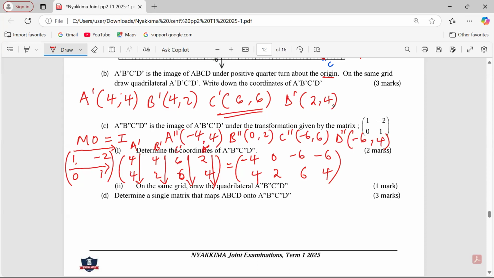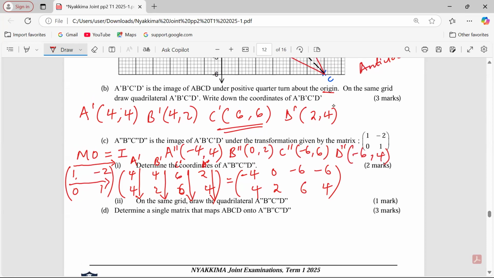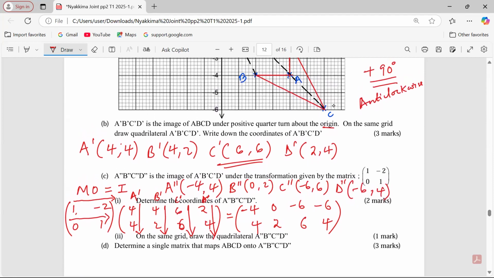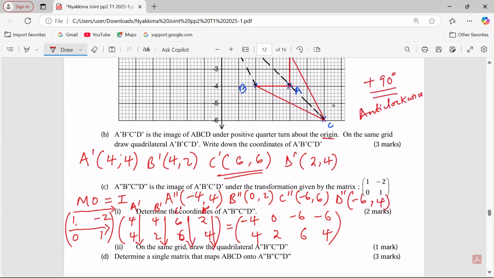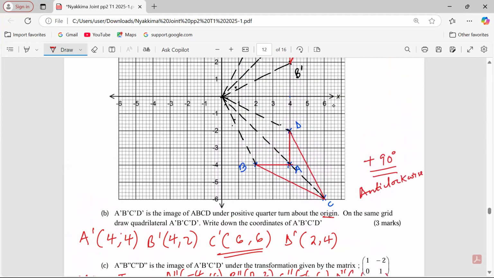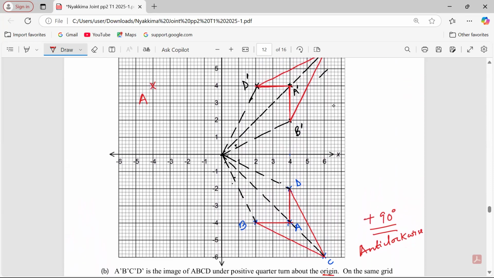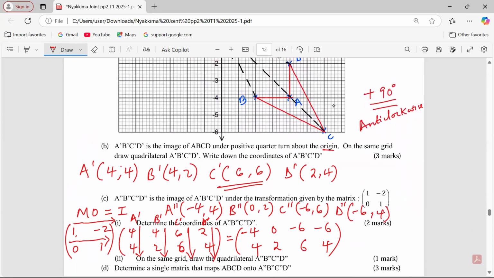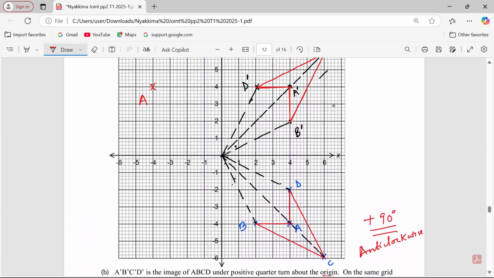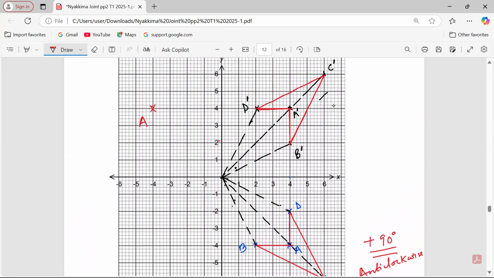Then we are supposed to plot it also on the same grid. Draw the quadrilateral. So negative 4, 4 is the coordinate at this point. That's our A. Then B is 0, 2. So 0, 2 should be here.